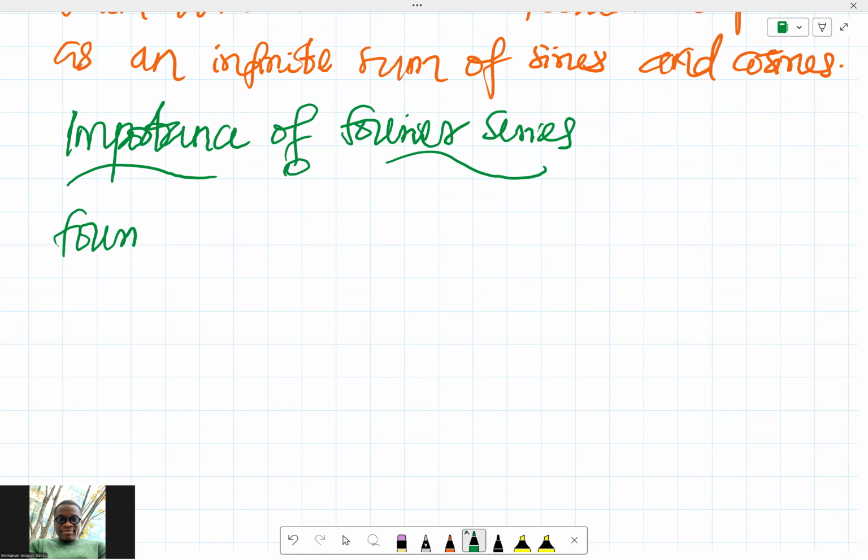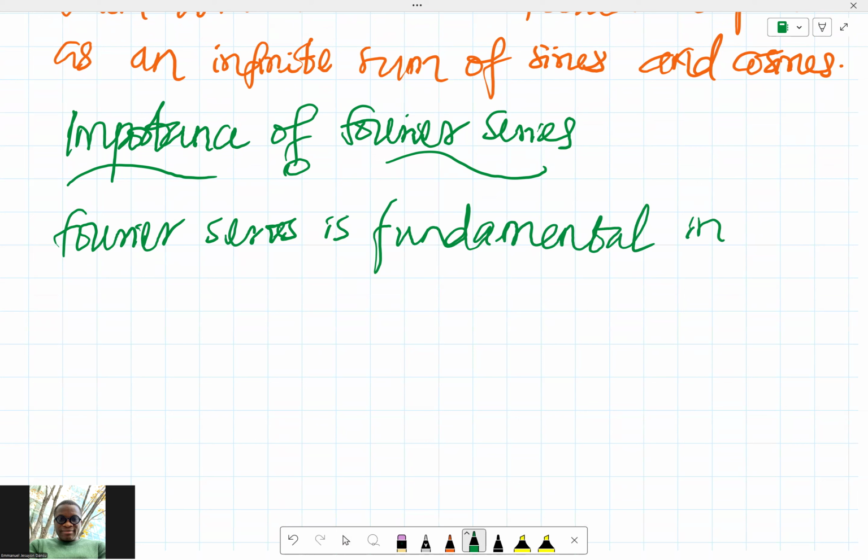Fourier series is fundamental in analyzing periodic phenomena.